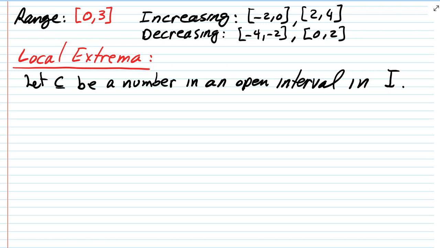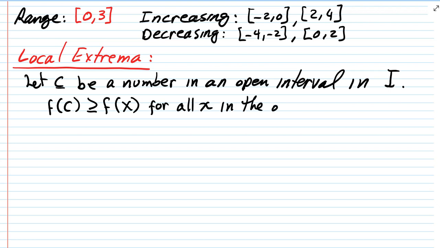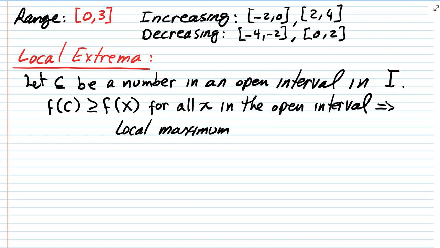Okay. Now, if f at c is greater than or equal to f of x, the general function, for all x in the open interval, then we have what we call a local maximum of the function. Okay, local max of f.